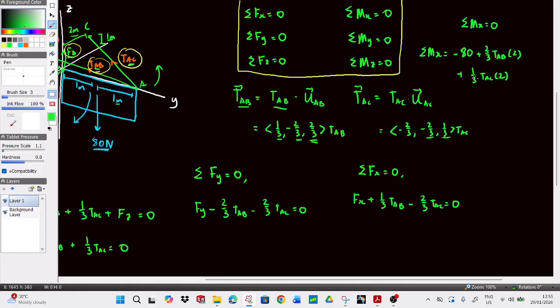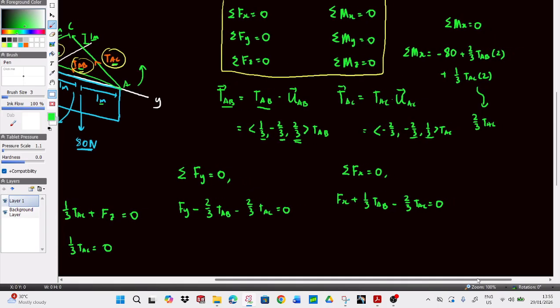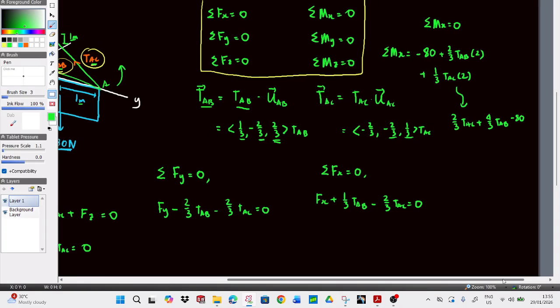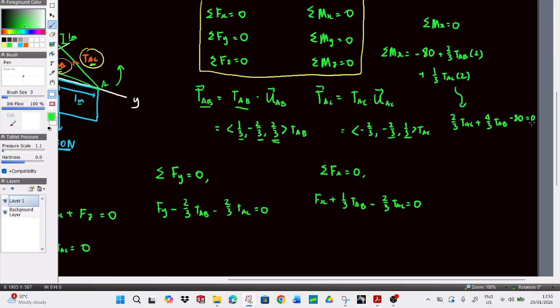Therefore, basically we will have 2 over 3 TAC plus 4 over 3 TAB minus 80 equals 0.